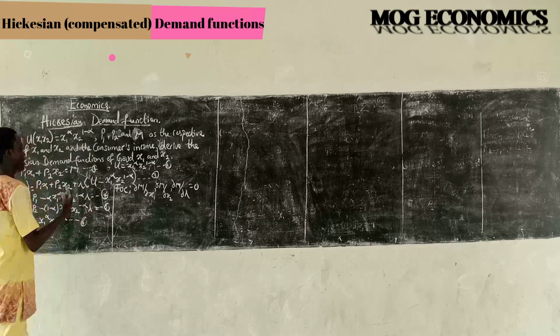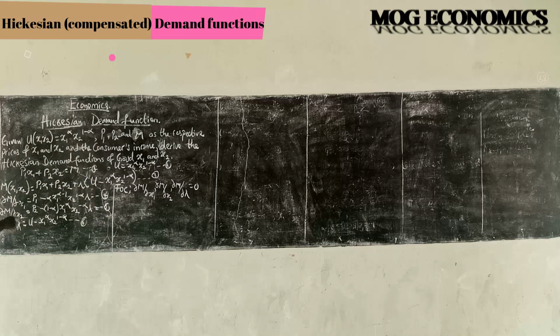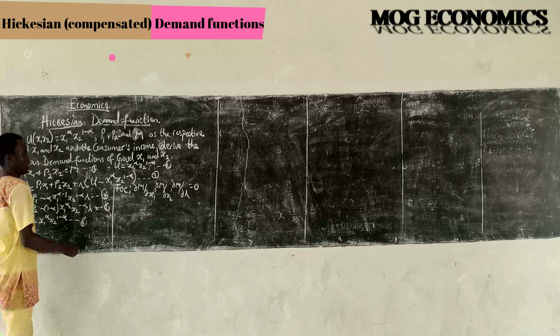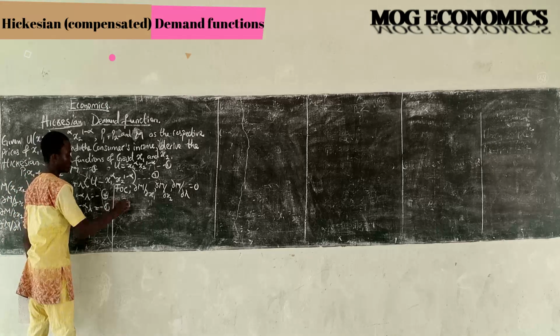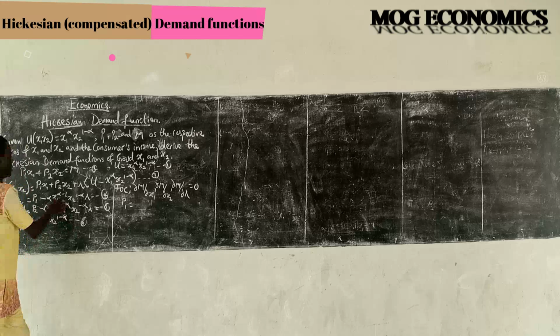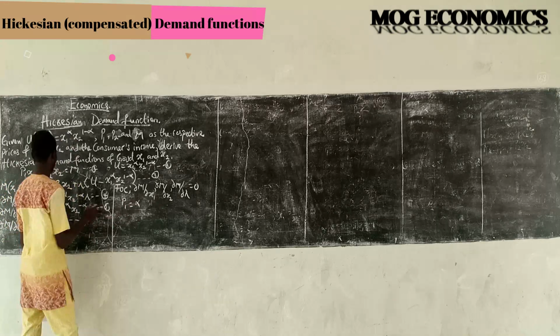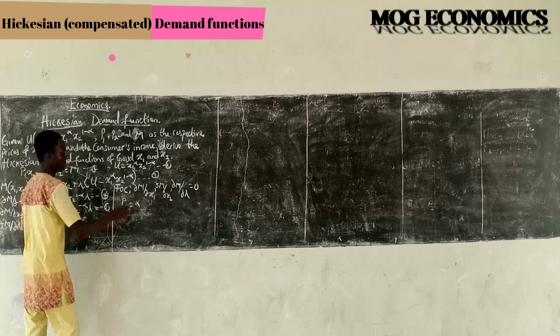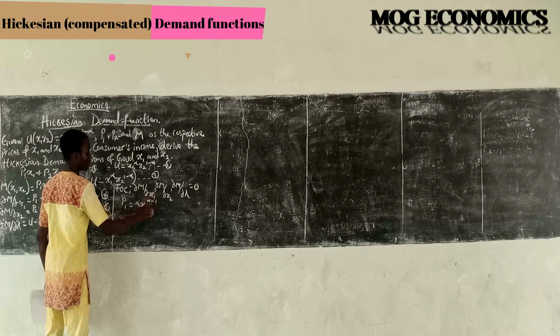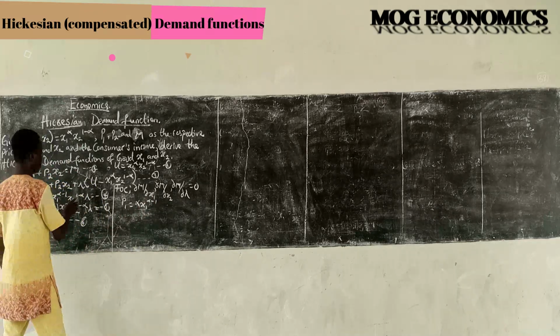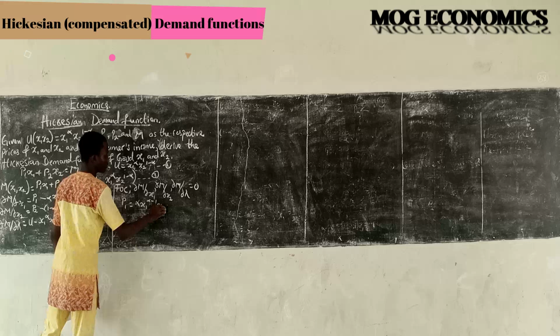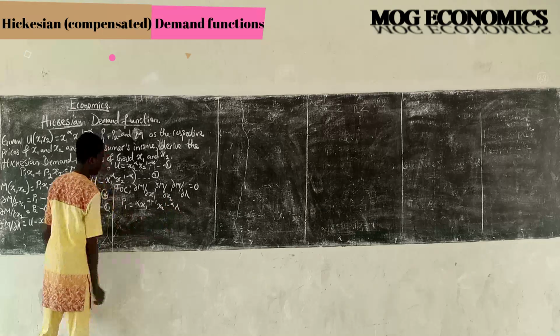So that's the first order condition. When we do that, we have p1 minus alpha whatever equals 0, and from there we eventually have p1 equals alpha x1 alpha minus 1, x2 1 minus alpha, then lambda.